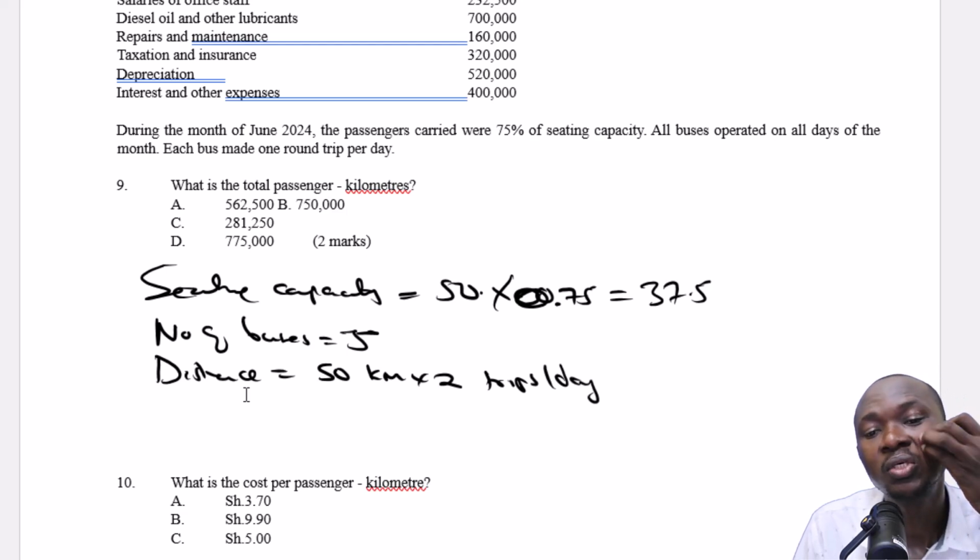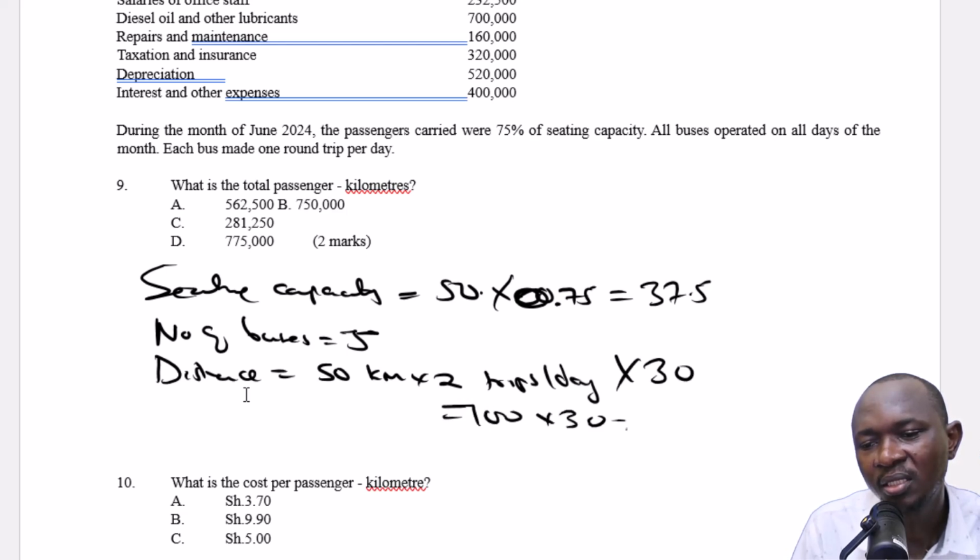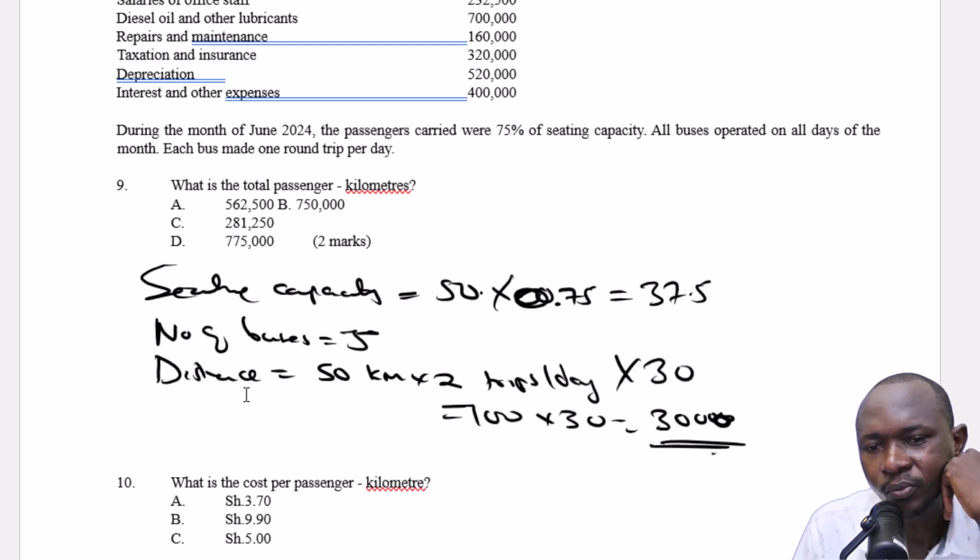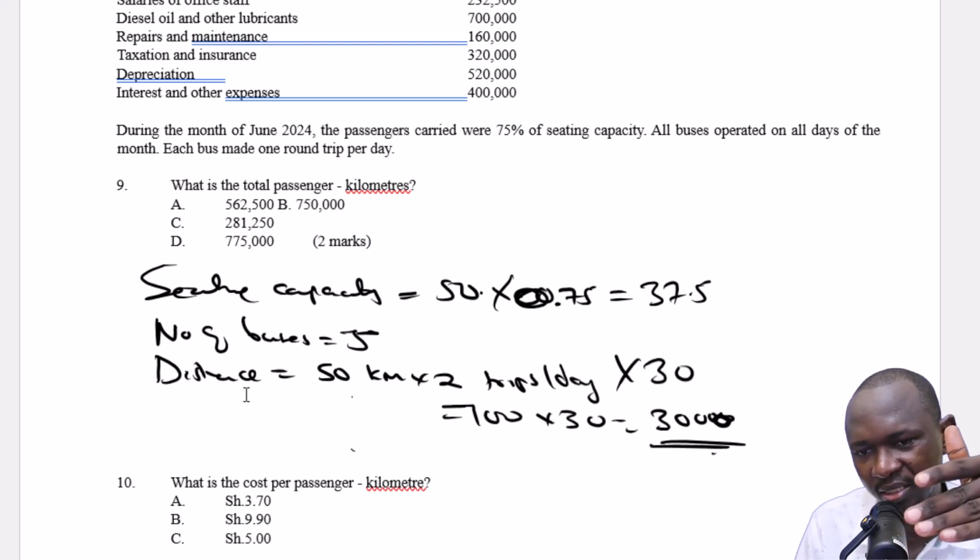Assuming that the days of the month are 30, this will give us 100 times 30, which gives us 3,000. 50 kilometers times 2, because the buses made only one return trip. So 50 to go, 50 coming back. So this gives us 100 kilometers per day times 30 days in a month. That gives us 3,000 kilometers.